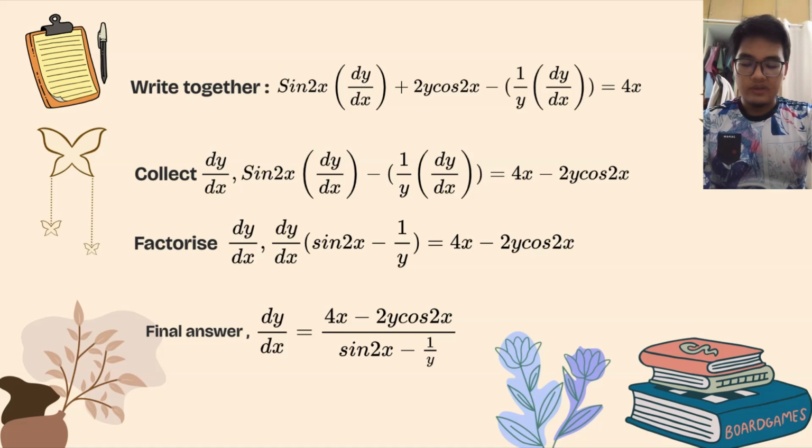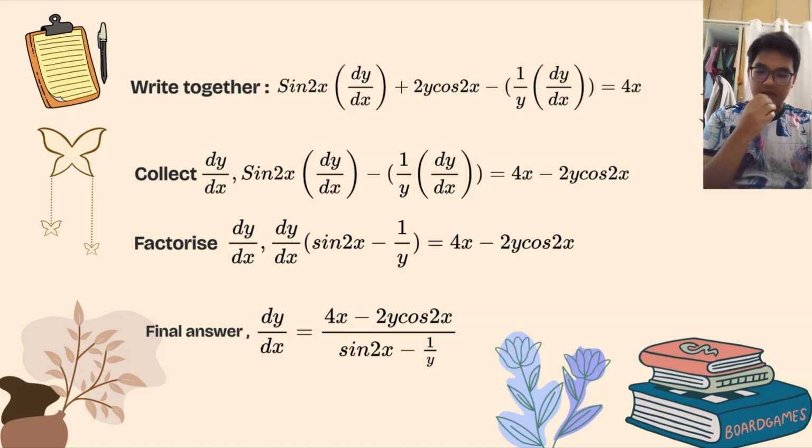So we need to change the position where dy/dx go to the left side, where the term that have no dy/dx go to the right side.